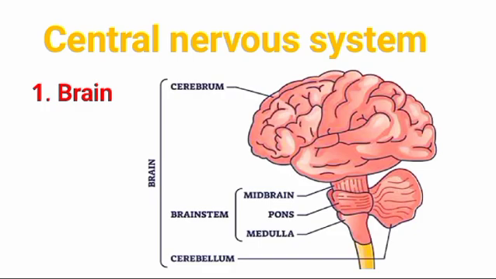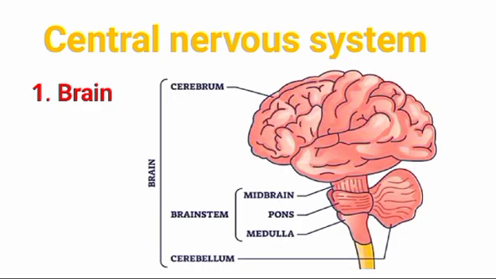Okay, so the brain is the most integrated organ in the human body and is responsible for controlling cognitive functions, emotions, sensations, and movements.